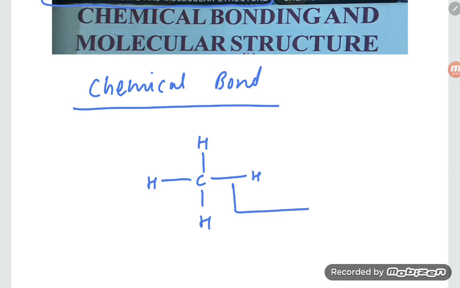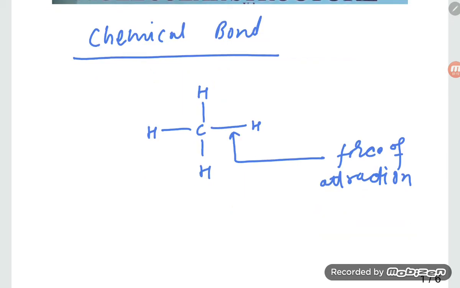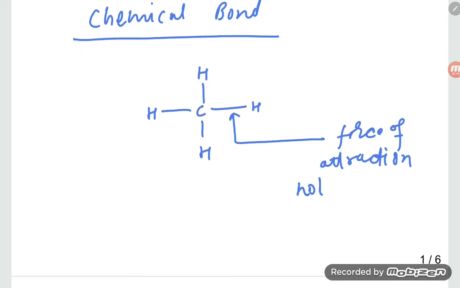So what is this line doing, students? This is the force of attraction, and this force of attraction is holding two atoms, carbon and hydrogen. So this is known as a chemical bond.